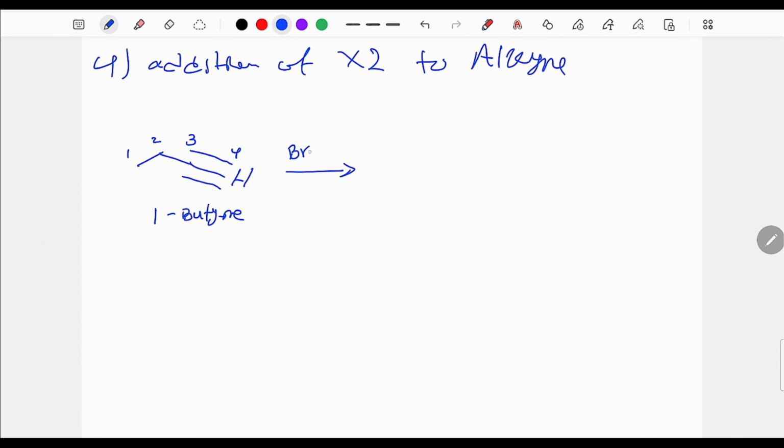If I add X2, in this case it's Br2 in dichloromethane, okay? Notice the solvent stays the same as for an alkene. I will generate, and let's do this, actually. Boom and boom.